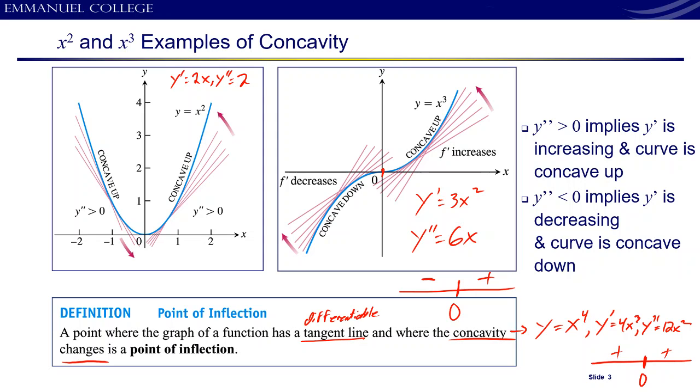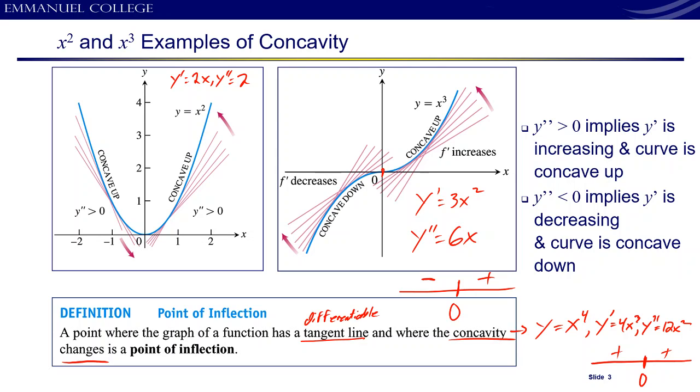So just because the second derivative is equal to 0 doesn't mean there's going to be a change in concavity. It's like x cubed. Its first derivative is 3x squared. It has a tangent line with slope 0 at 0, but it doesn't go from increasing to decreasing. X cubed goes from increasing to 0 to increasing once more.